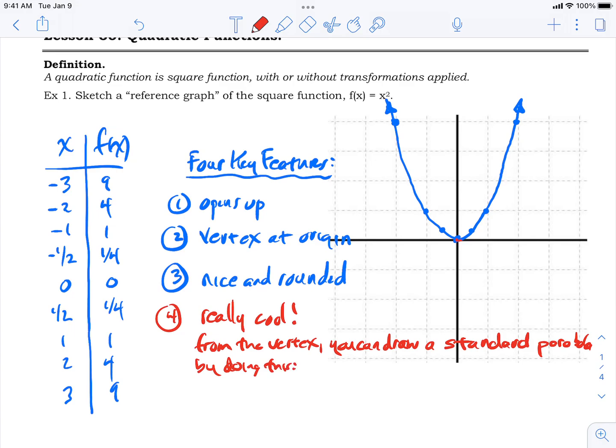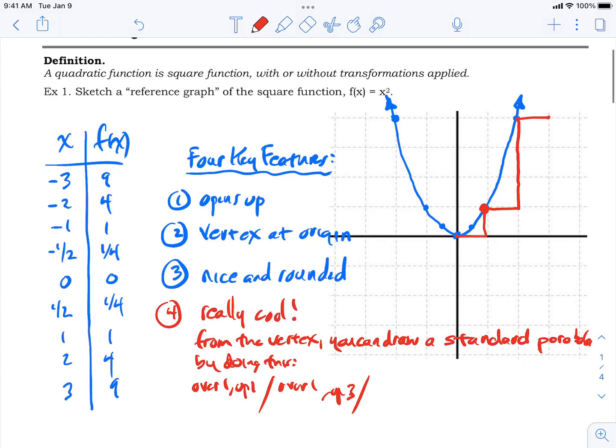You can draw it by doing this. From here, go over 1, up 1 to get to your next point. Over 1, up 1. From there, over 1, up 3. Over 1, up 3. From there, you would go over 1, up, well, let's see, we got to get from a 4 to a 9, right?